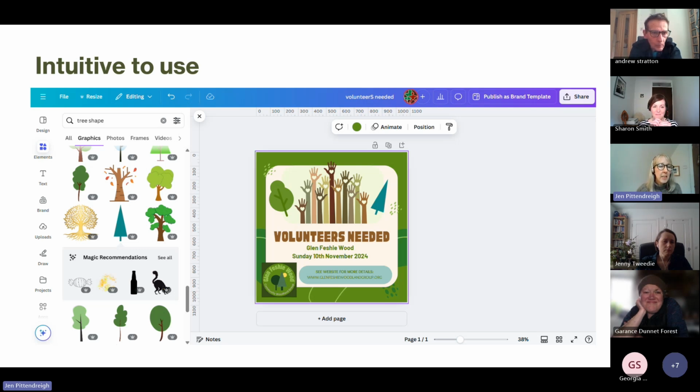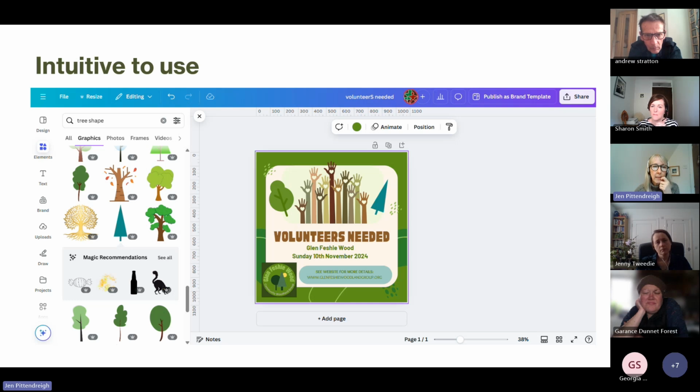So I selected Instagram, and then what you get here is templates. If you use the bar to scroll down, there's a huge range of different templates, and you can click on one that takes your eye, and it will bring it up. So this was one I thought would be okay for a woodland.